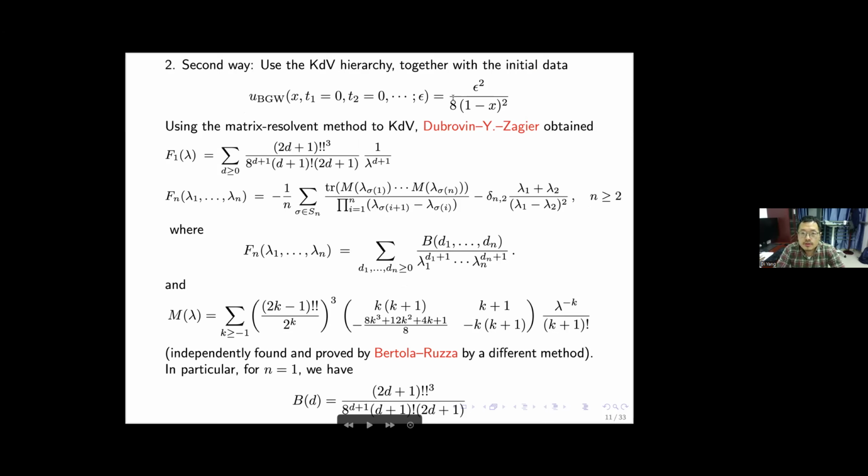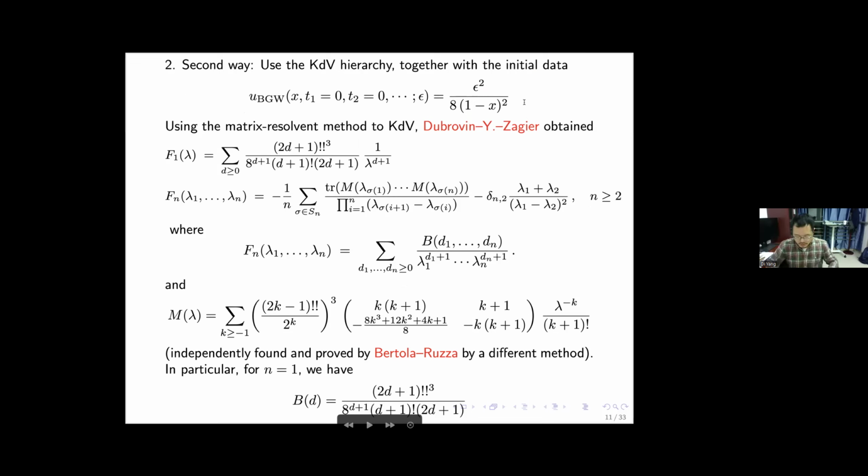So the partition function is still a tau function of the KdV hierarchy. The only change is the initial value. The initial value of the BGW solution is given by, roughly speaking, 1 over x squared.